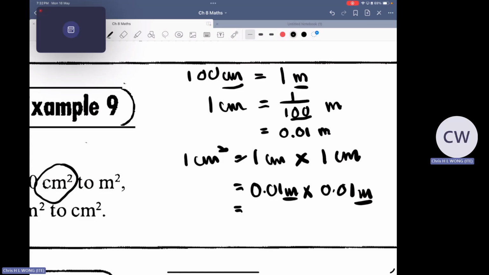So all you need to do is what is 0.01 times 0.01? Very easy. When it comes to the decimal place, you count how many decimal points after the decimal point. 1, 2, 3, 4, isn't it? So you need 4 decimal places.